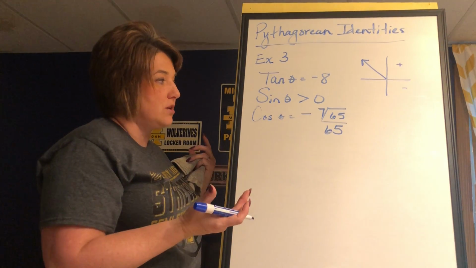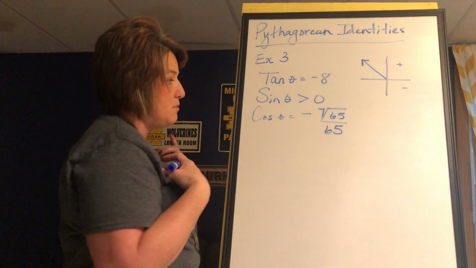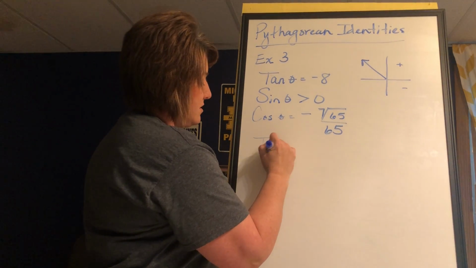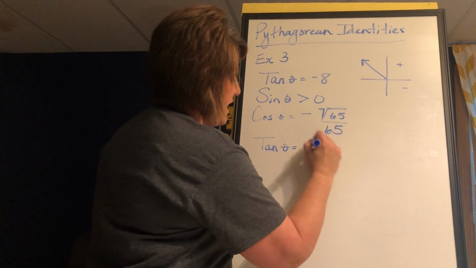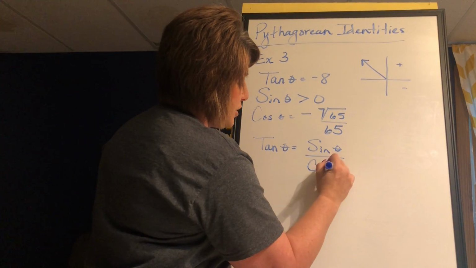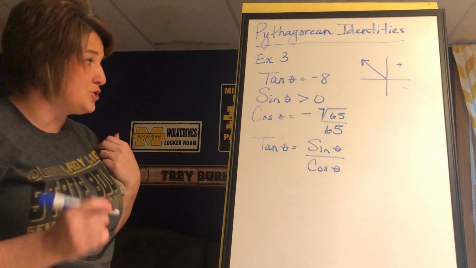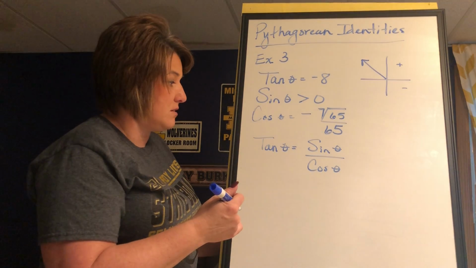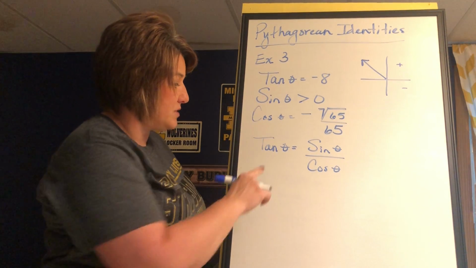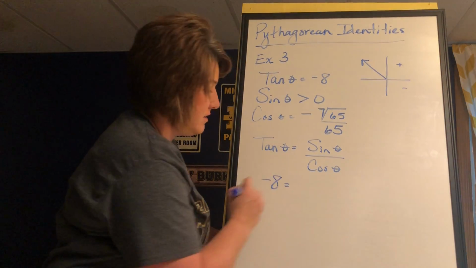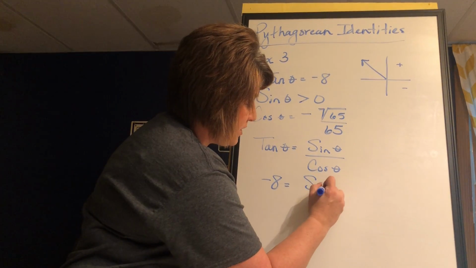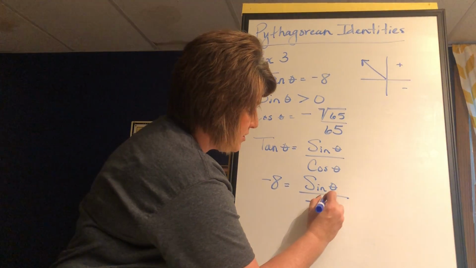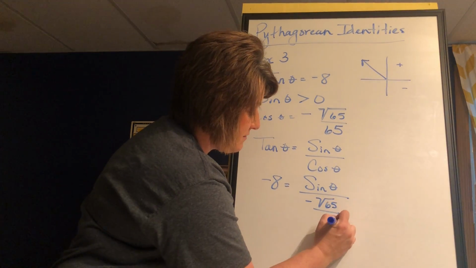One of the quotient identities comes to my head first because sine and cosine will get me a tangent. So I could say tangent of theta is equal to sine of theta over cosine theta. And then you just replace everything that you know and solve for your unknown. So tangent theta is negative 8. Sine of theta we don't know, so we're just going to leave it. And then cosine of theta is negative square root of 65 over 65.